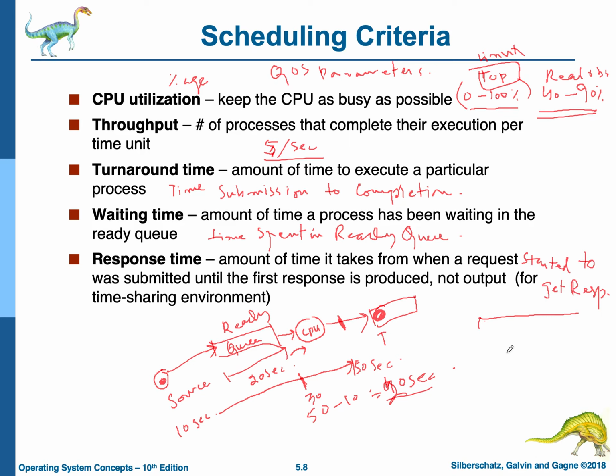So these are quality of service parameters, and these are very much critical whenever you are working on scheduling of any system or any operating system.